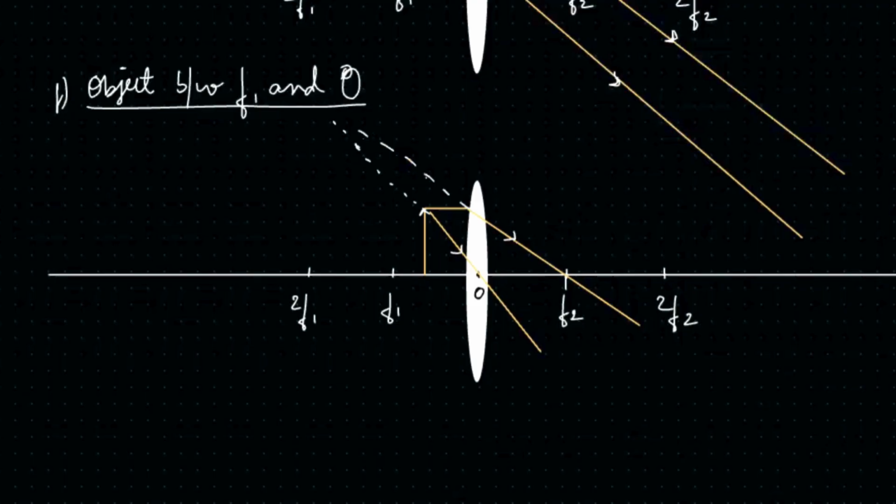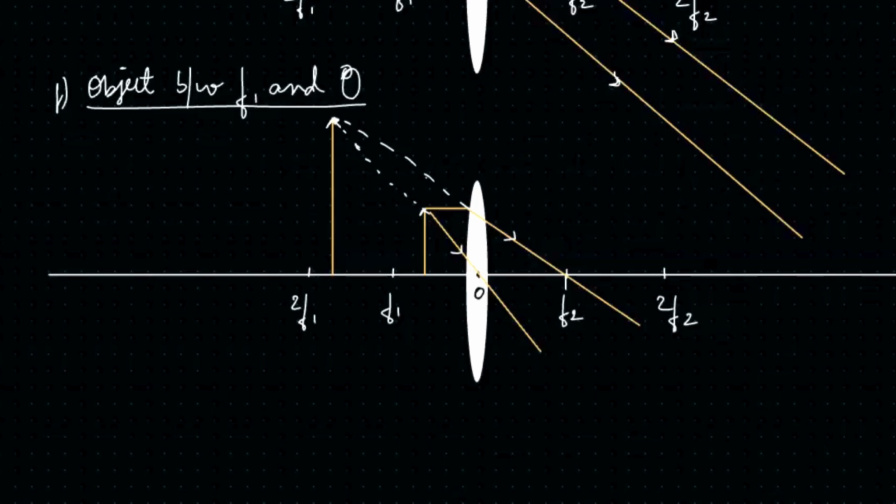So this is where we get an image. See, the positions may be slightly different because this is a freehand diagram. So this is where we get the image formed.